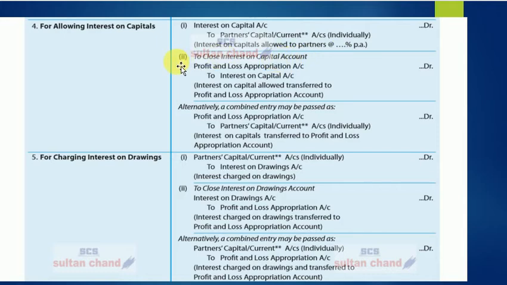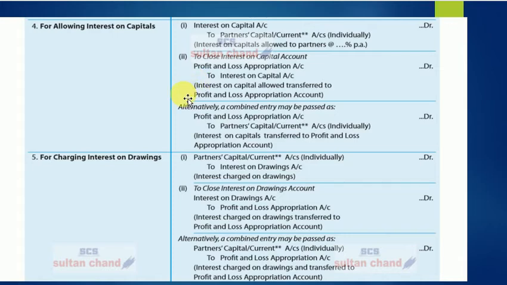Then 4.2 stands for transferring this interest on capital to the profit and loss appropriation account. The entry goes: Profit and loss appropriation account debit to interest on capital account. You remember in the format we had two partners whose names we wrote below interest on capital on the debit side. So this is the same entry for that posting which was done in the appropriation account.